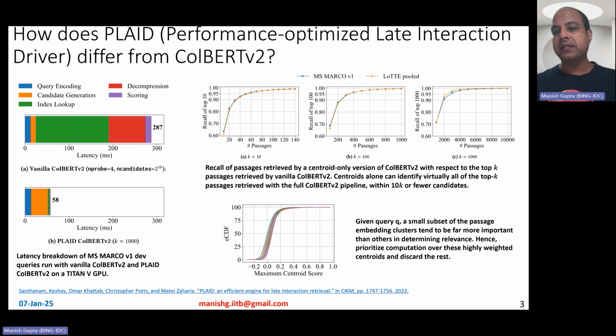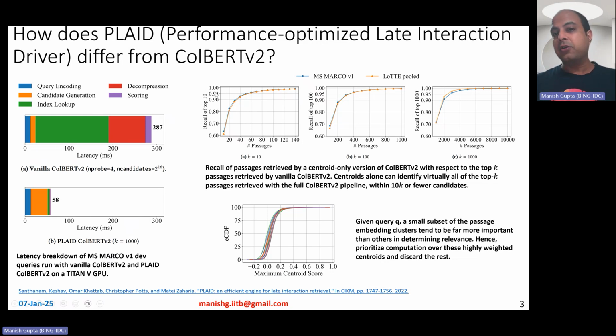The other thing is that rather than doing a matching between the query token and the passage token by decompressing the passage token, they essentially just do the similarity between the query token and the centroid of the passage token, the closest centroid to the passage token. Okay. So as a filtering step.